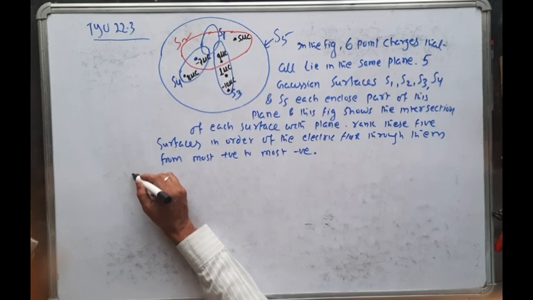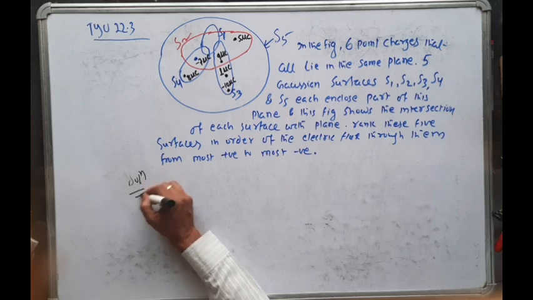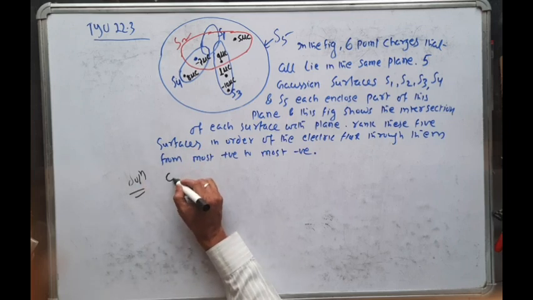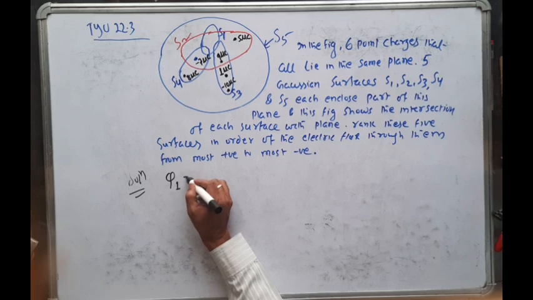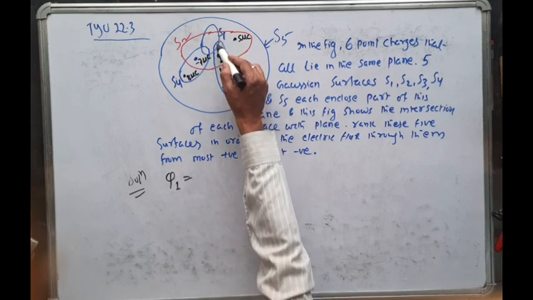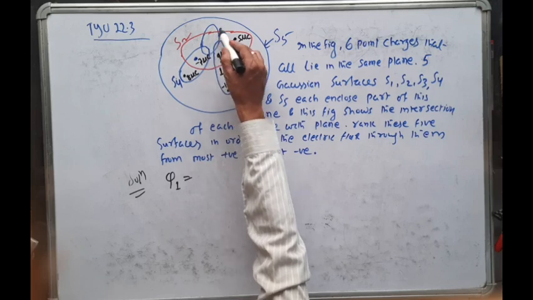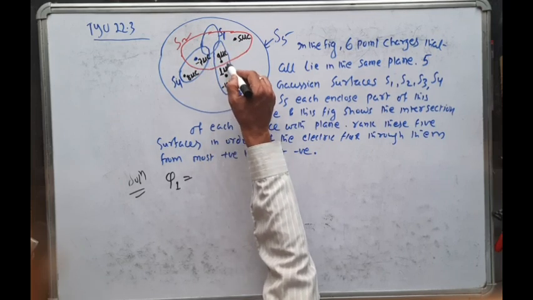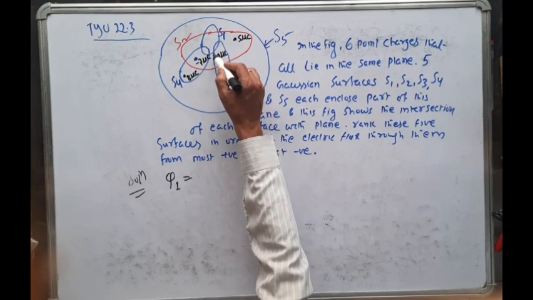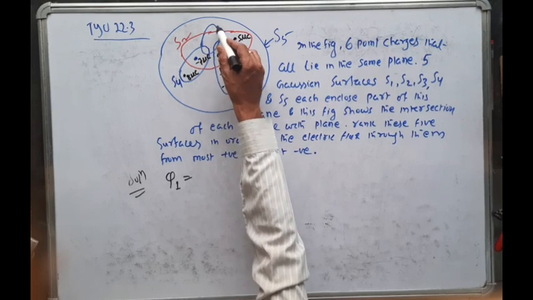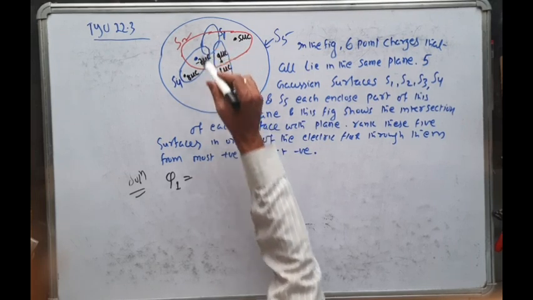So first we'll find the flux through the first surface, S1. Within S1 there is no charge. Surrounding S1 there are charges, but these charges are external for the S1 surface, and the charge enclosed by S1 is 0.